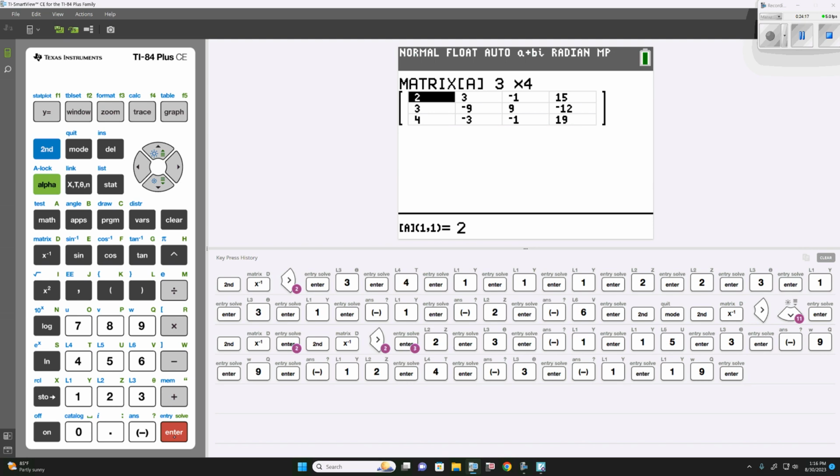Once you get used to these, it's going to be a lot easier, and you'll get a lot faster with it. Once you get it all the way typed in, do second mode, second quit. Has everybody got the matrix typed in?